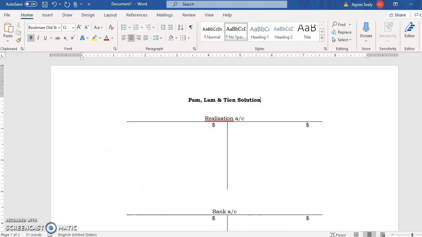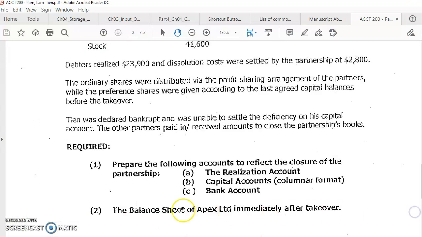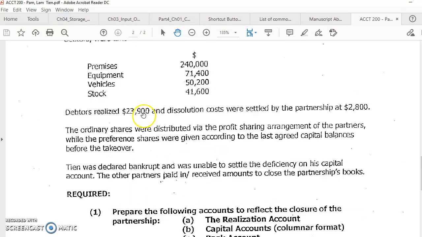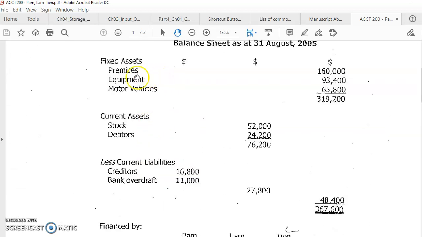So let's transfer those book values. Let's look back at our question here. We have to transfer the book value for premises, $160,000, equipment, $93,400, motor vehicles, $65,800, and stock, $52,000.